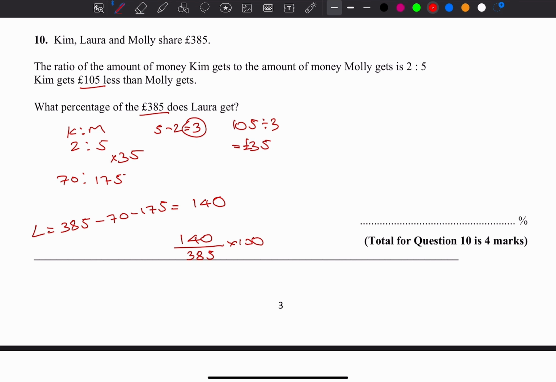Times it by 100. So 140 divided by 385 times by 100 is 36.36%. Good.